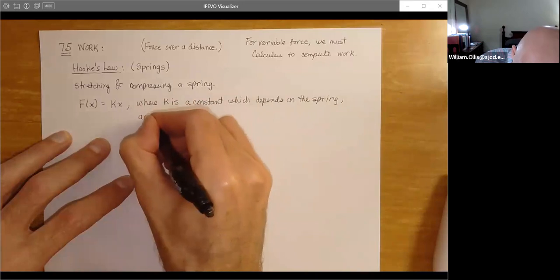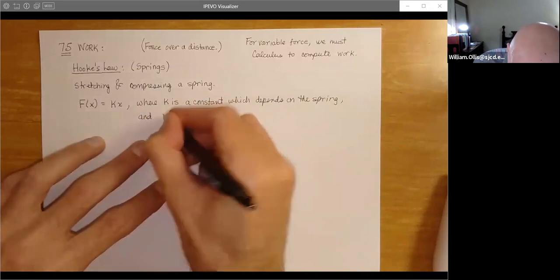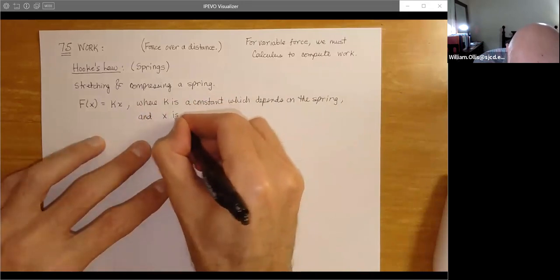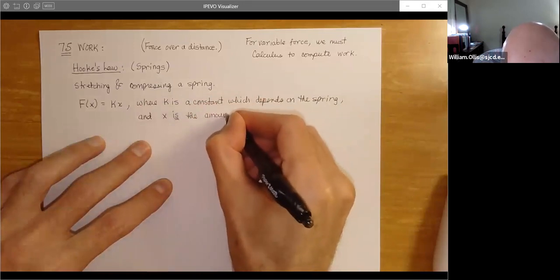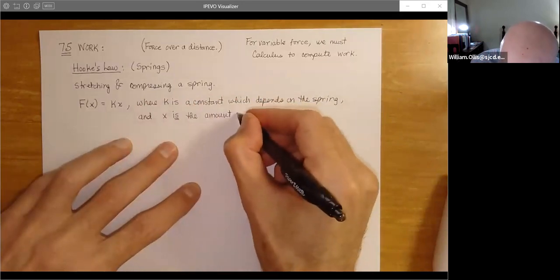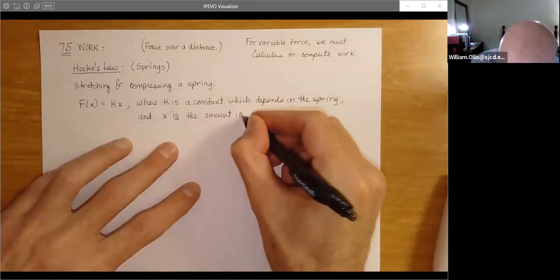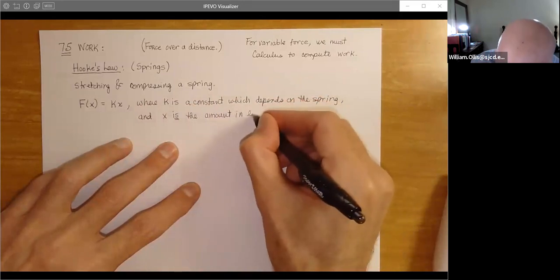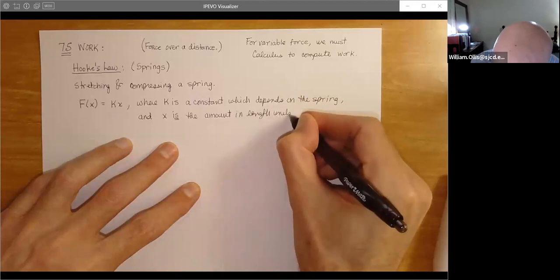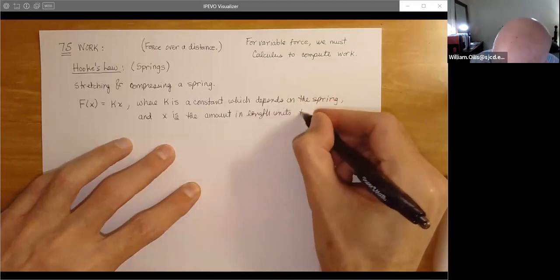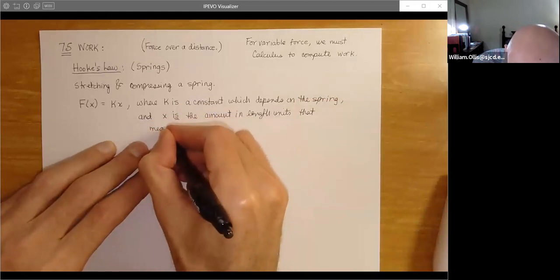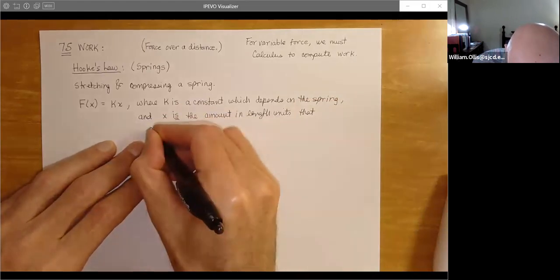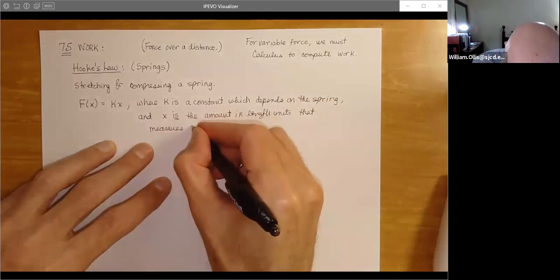And x is the amount, and I'll just say in length units, that measures compression or stretching.